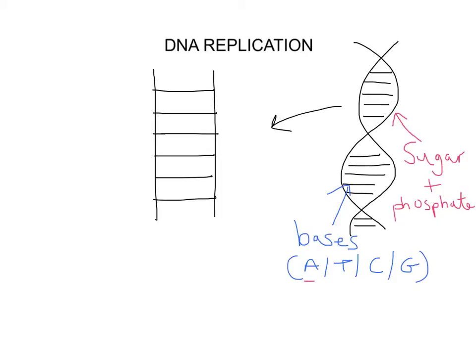So A pairs with T, C pairs with G. I'm just going to expand this out a little bit more to make that clearer. So you can see each step of two bases paired together. We've got the sugar phosphate sides, or the backbone, holding this DNA molecule in place.